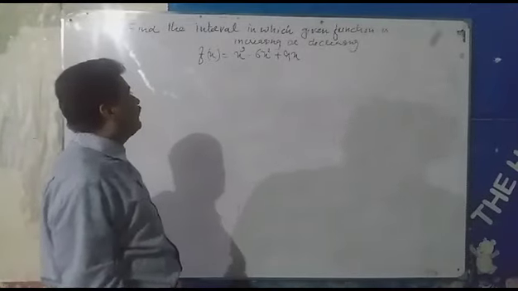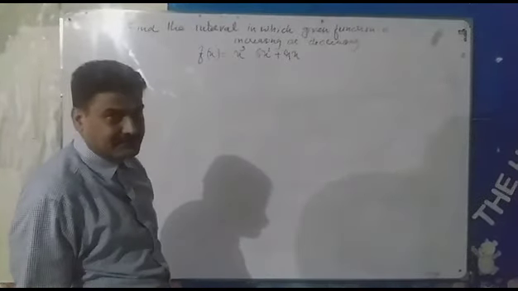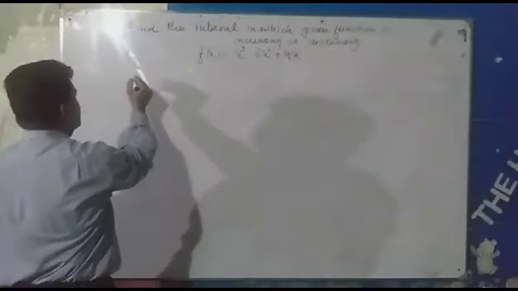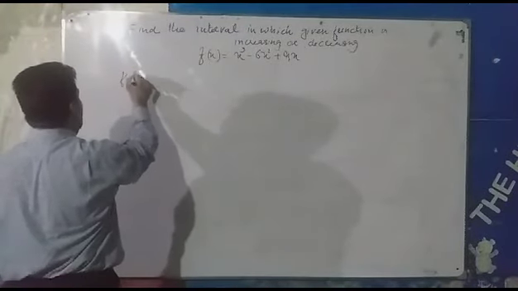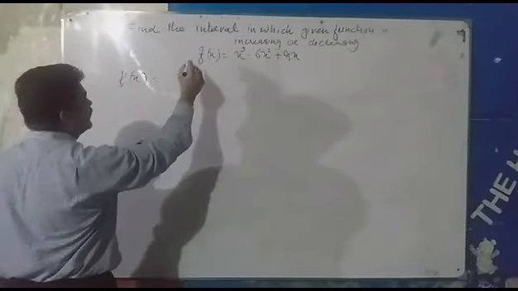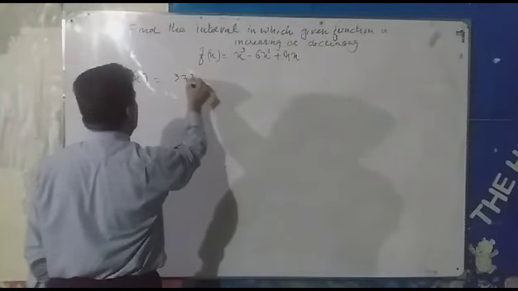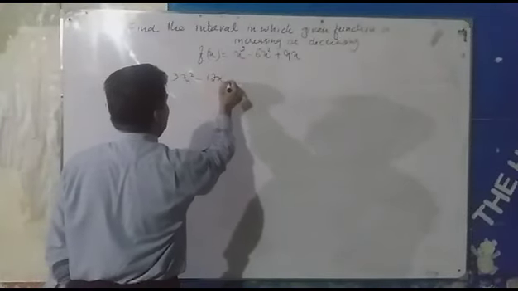We now find the first order derivative, that is the gradient of the tangent, which is f prime x is equal to 3x square minus 12x plus 9.